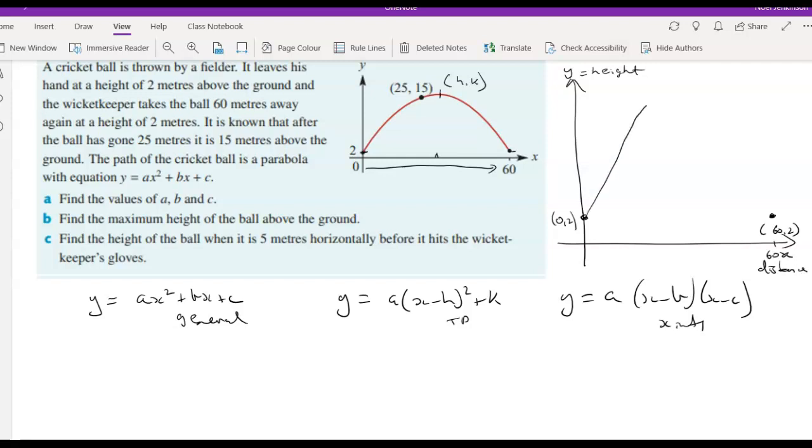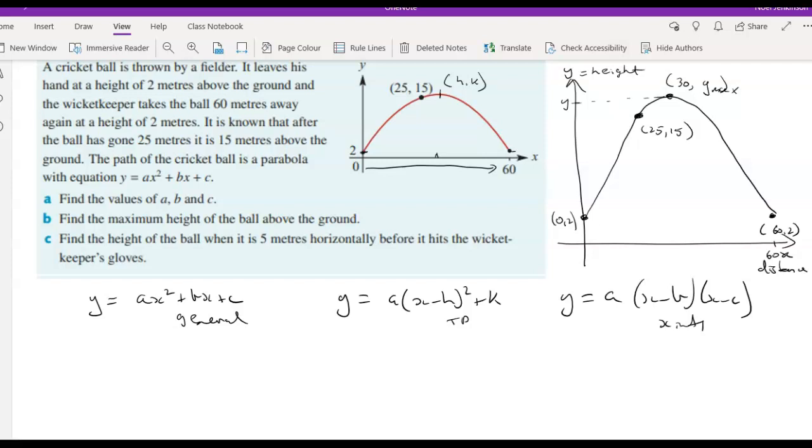I'll just try and get that roughly symmetrical. It's not very good, but doesn't matter. And there's a point just there at 25, 15, and I'm pretty confident with the symmetry that that's going to be 30. To find the maximum height, y max would be that value y there, which would be there.